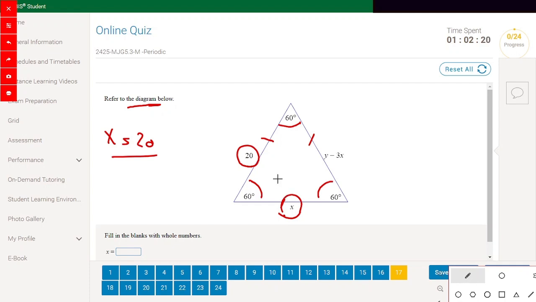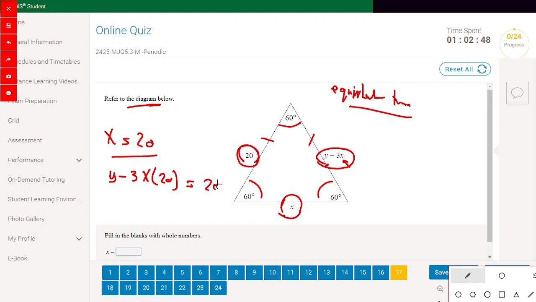Okay? Because these angles are equal, this is an equilateral triangle. That means all sides are equal. Now we get x here, so we substitute x in this side: y minus 3 multiplied by 20 equals 20, because all sides are equal.